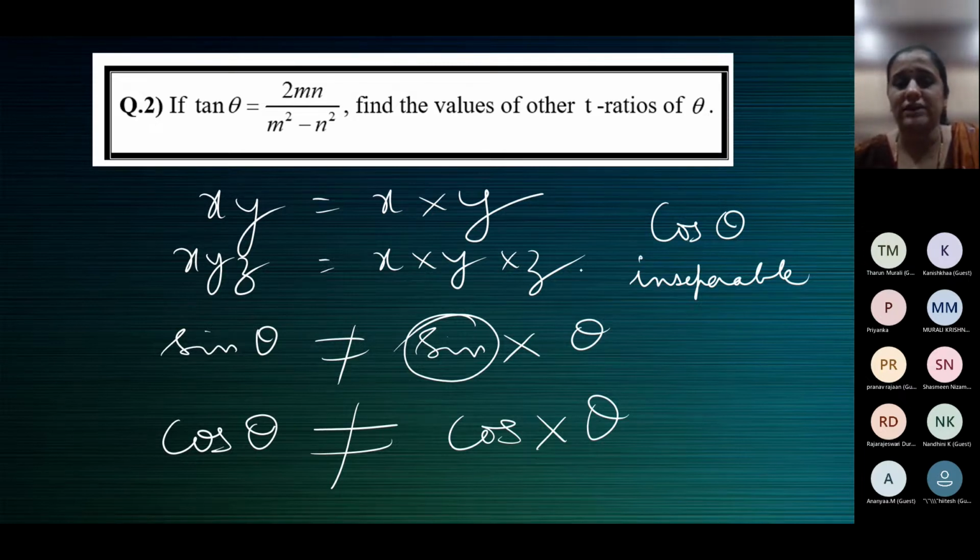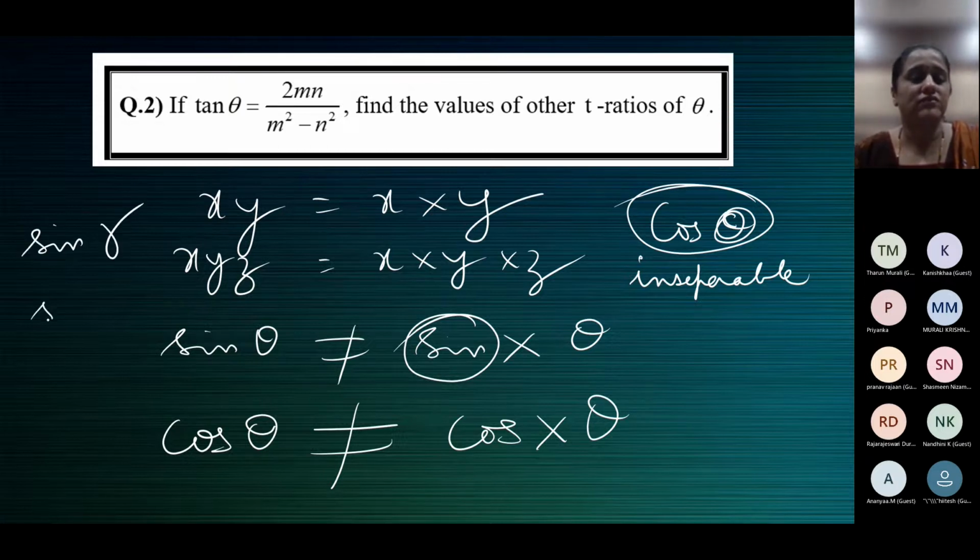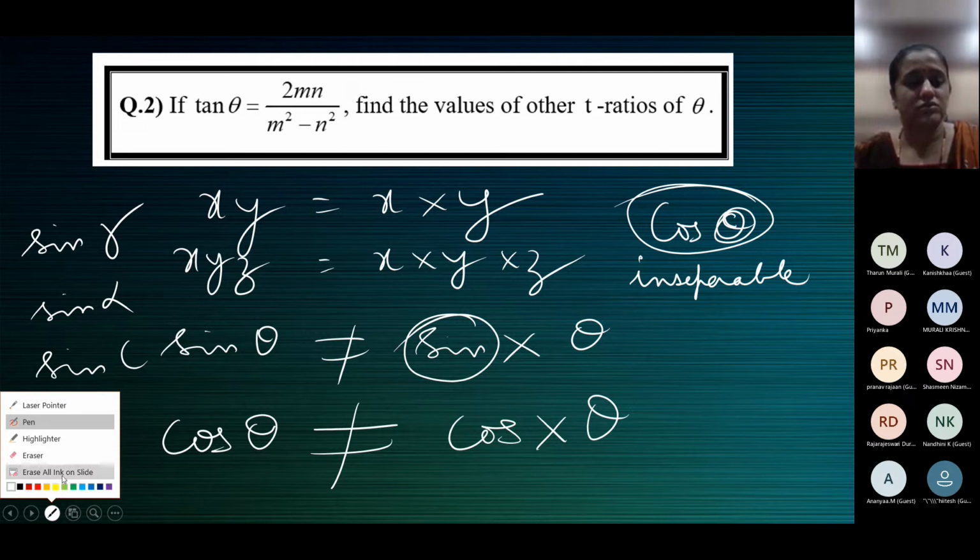It's not cos separately, theta separately. Cos theta is one thing. The trigonometric ratio is meaningful only when it is used with a reference angle. The reference angle is theta, or gamma, or alpha, or C. So sine theta is not the product of sine and theta.